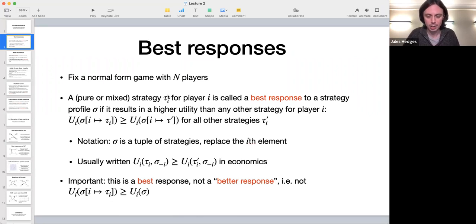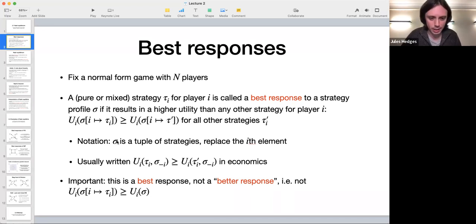Tau_i here is a strategy for player i, sigma is a strategy profile. If the strategy profile formed by player i playing tau_i and everybody else playing sigma, so here player i is unilaterally doing something different, results in a better payoff for player i, this is player i's payoff function, than any other choice that player i could have made.